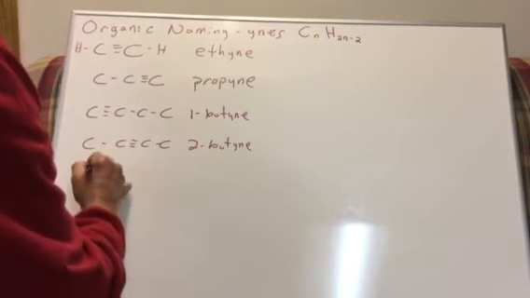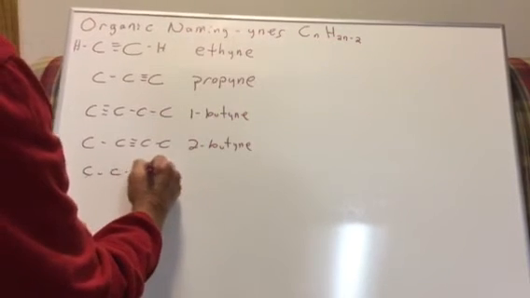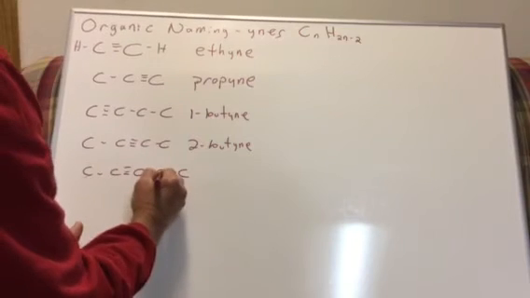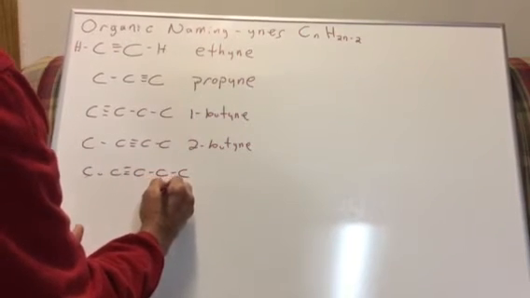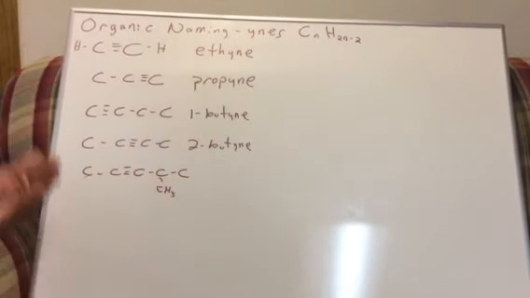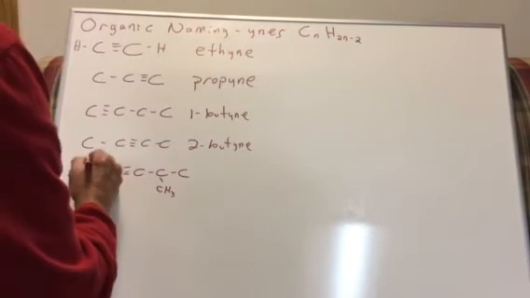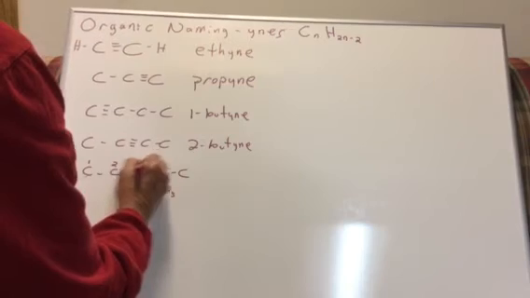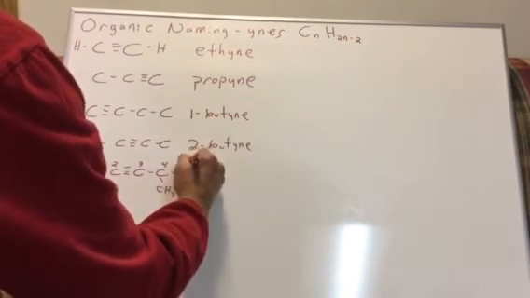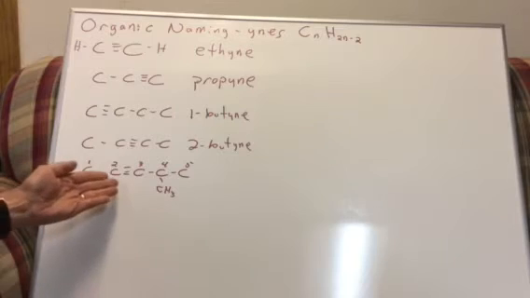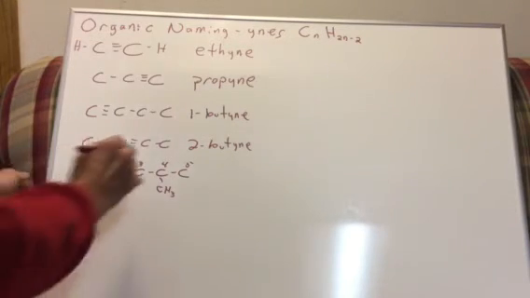Now, yes, we can have, let's say we did this. Again, we number with the smallest. So this then would be on the number 2 carbon. And then the numbering order has to stay the same. We start left to right in this case here to give that a 2. Then we end up with the 4 on this one.